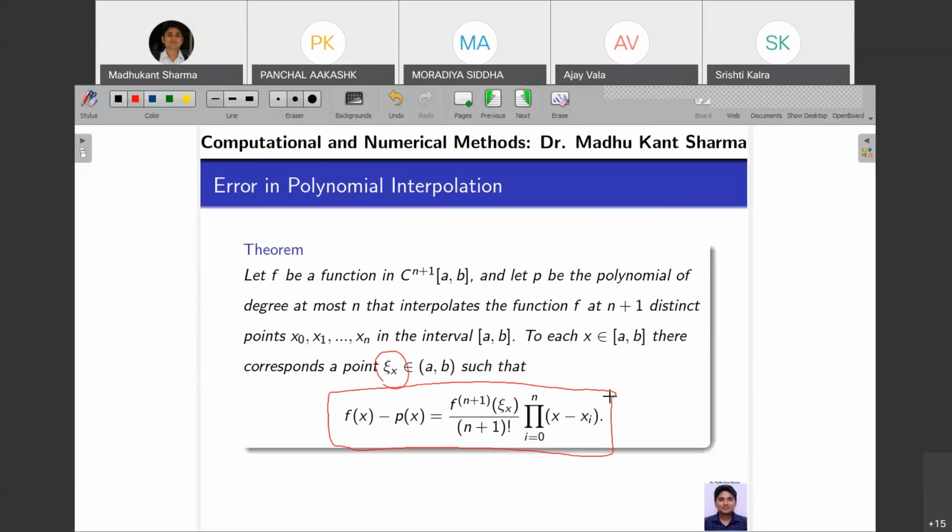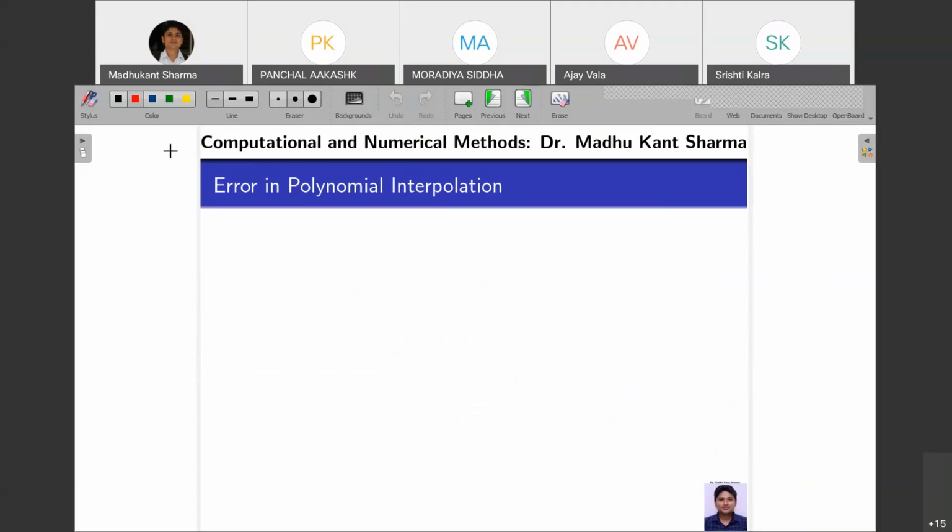Now let's see how we will use this result as an application. First, let's see how we would find the bound on error. You have en of f of x equal to that expression. If you take the magnitude on both sides, for finding the bound you bound it by the largest value on the right side.